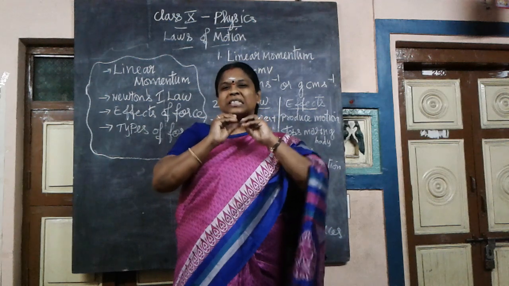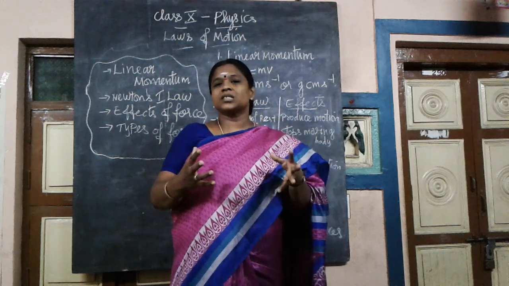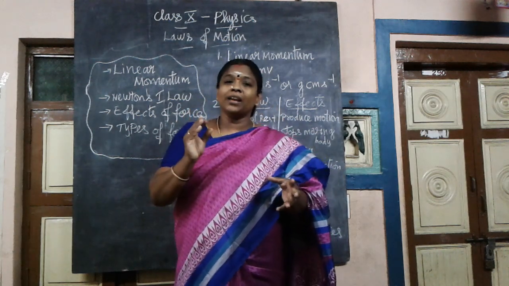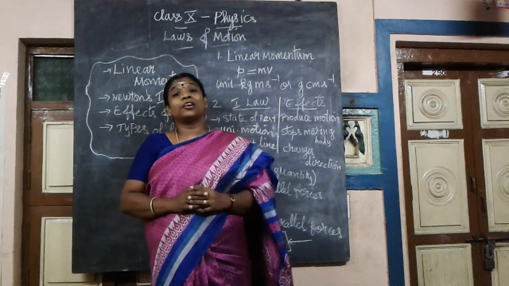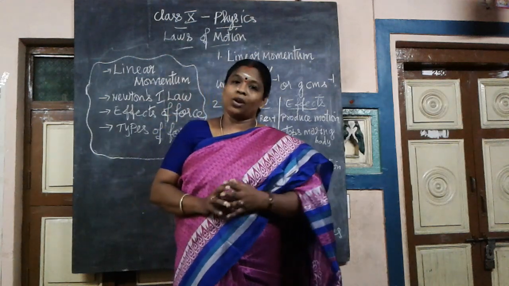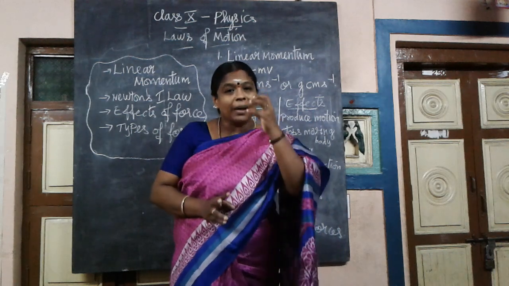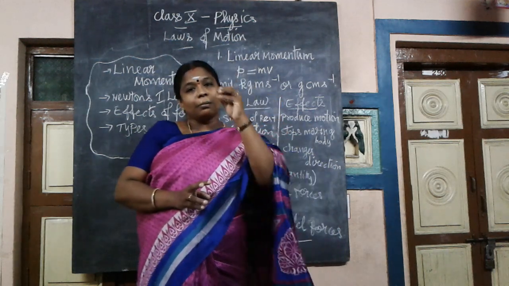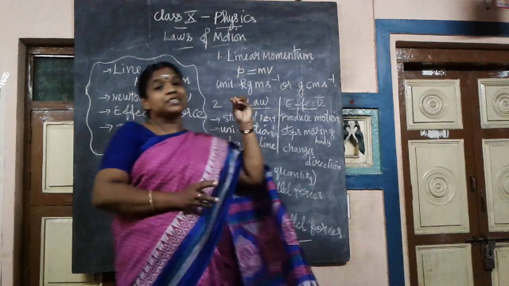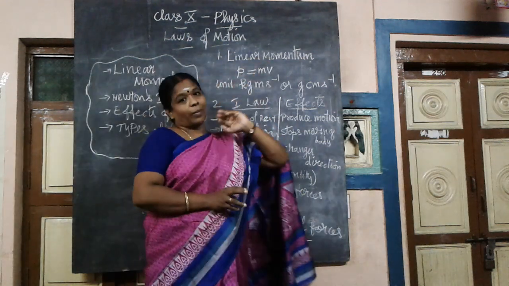So we need one separate precise term to explain the combined effect of mass and velocity, that is speed in a direction. That combined term for mass and velocity is called momentum.